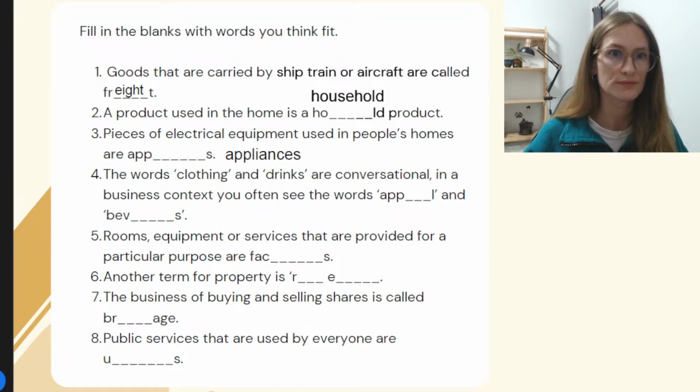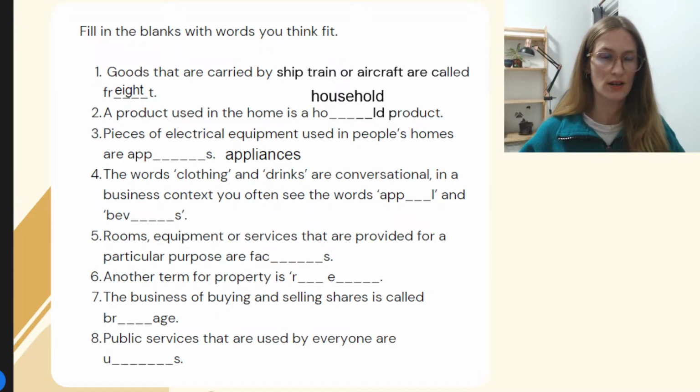Number 4. The words clothing and drinks are conversational. When you're talking with your friends, you would say clothing, drinks. But in a business context, you often see the words something and something. So APP refers to the clothing. What's a business English word for clothing? And what's a business English word for drinks?